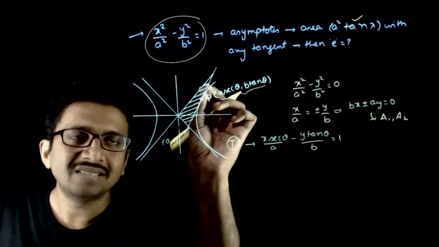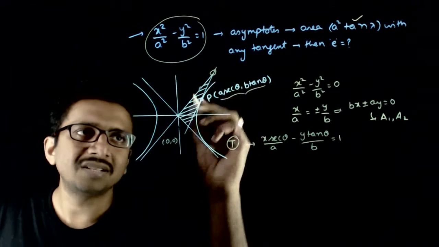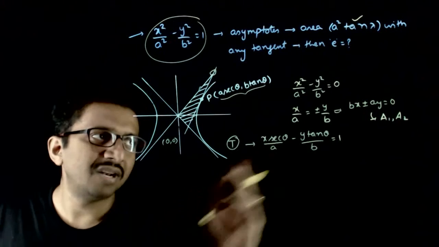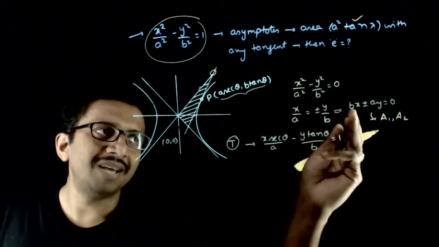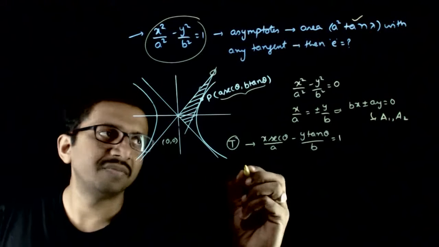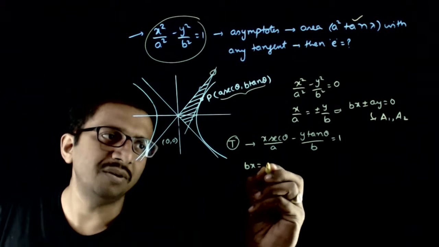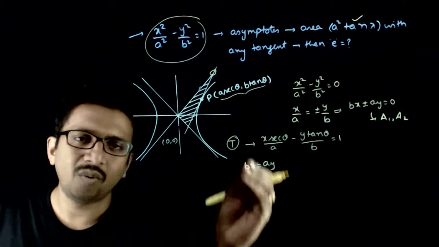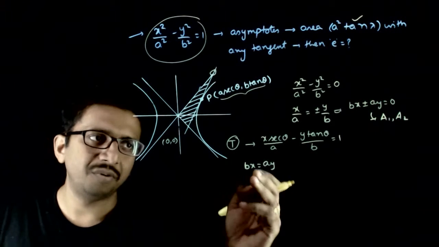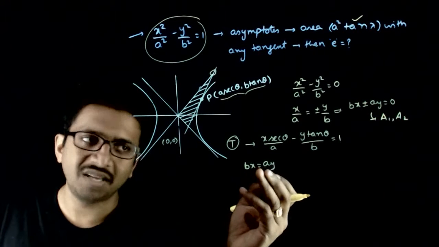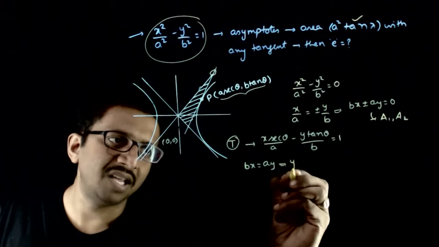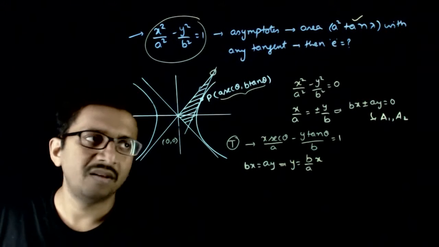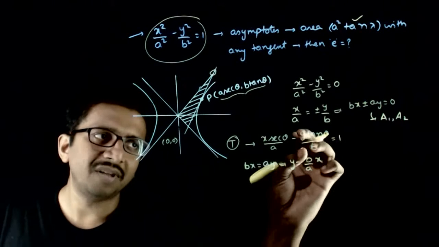To get the second point of intersection, let us solve one asymptote with this line. Let us take the first asymptote, bx minus ay is equal to 0, so bx is equal to ay. Now what is the point of intersection? Y is equal to b by a times x, or y by b is equal to x by a.